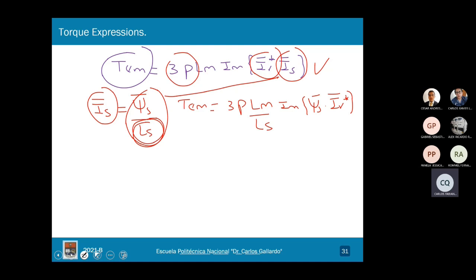Okay, this is an alternative expression. So we can achieve several equivalent torque equations.